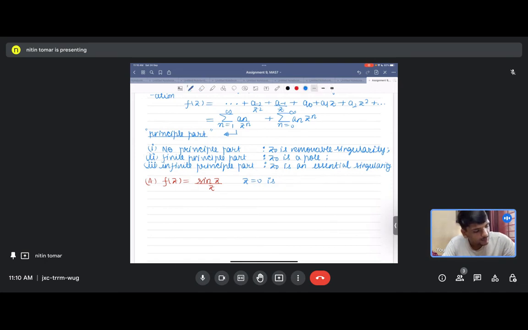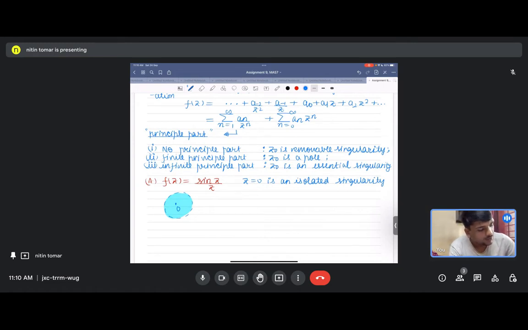What does isolated mean? You will get a neighborhood around 0 in which there is no other singularity. Since there is no other singularity than z equal to 0, in any neighborhood around 0 this function will be analytic, so it is an isolated singularity.